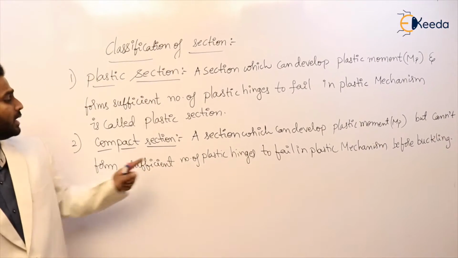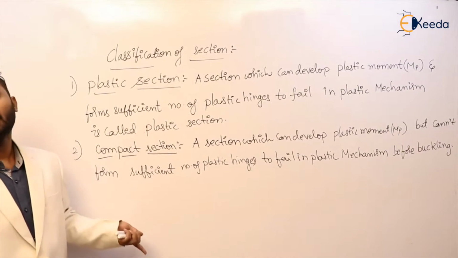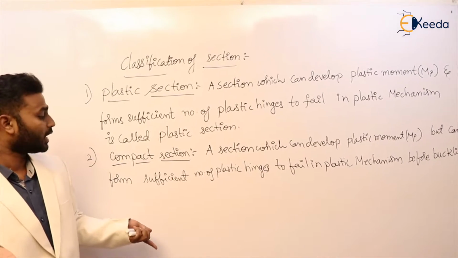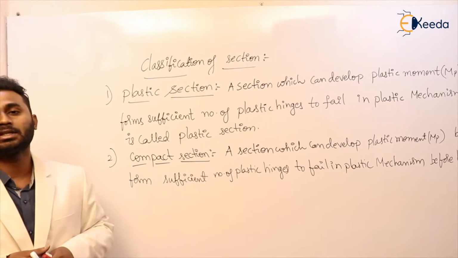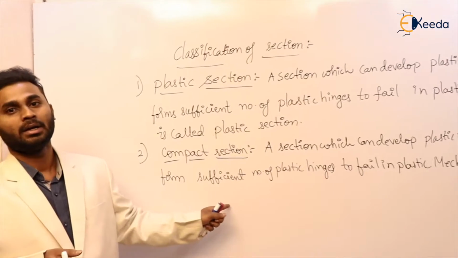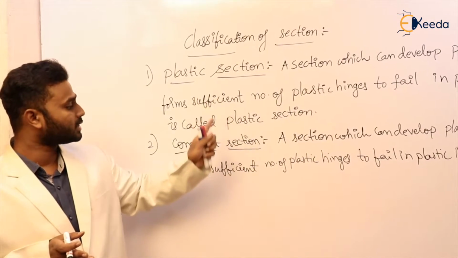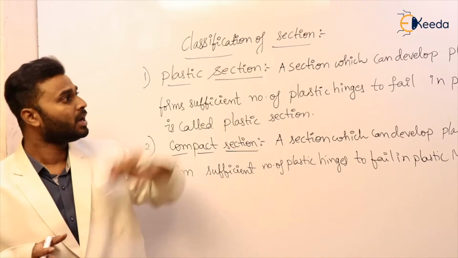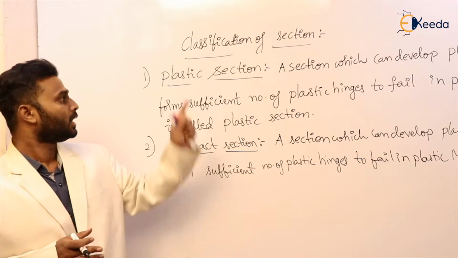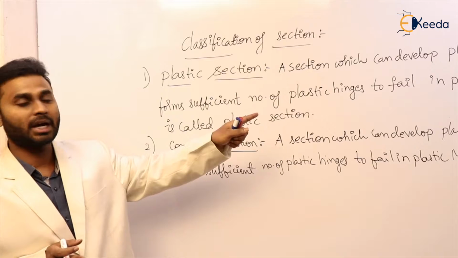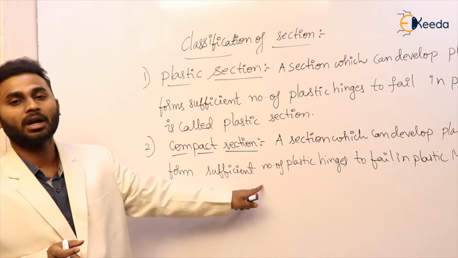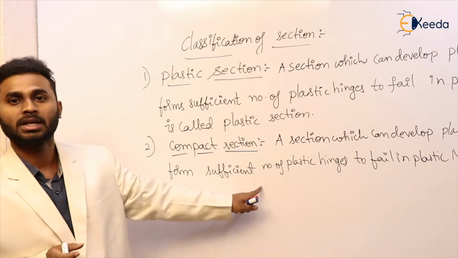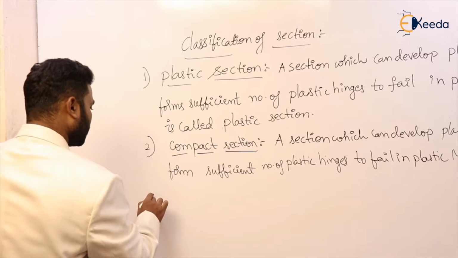So before buckling, it cannot form sufficient number of plastic hinges. The similarity between plastic section and compact section is that both can develop plastic moment carrying capacity, but a plastic section fails by plastic mechanism, whereas a compact section fails by buckling. That is the difference.